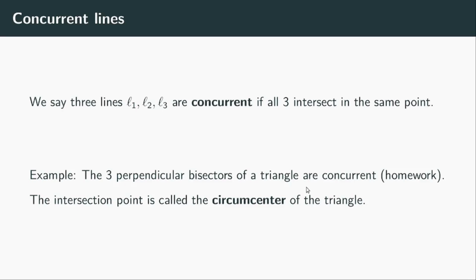You expect them to meet in three different points, so being concurrent is an interesting property for three lines. On the homework, you proved that the three perpendicular bisectors of a triangle are concurrent, and that intersection point of all three of them is called the circumcenter of the triangle.